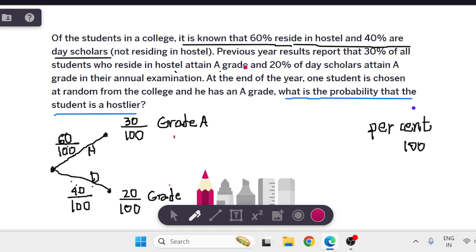I read the previous year the result reports 30% of all the students. This means those who are hostelites, out of that 30% got grade A. And those who are day scholars, among them 20% got grade A.